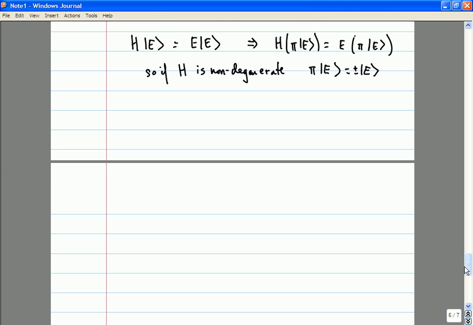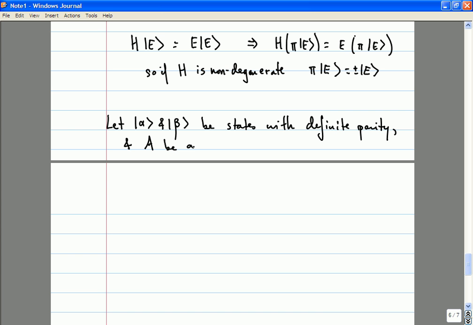So let's consider two states. I'll call them alpha and beta. Let's consider these to be states with definite parity. And consider some observable A, which also has definite parity. What do I mean by that?